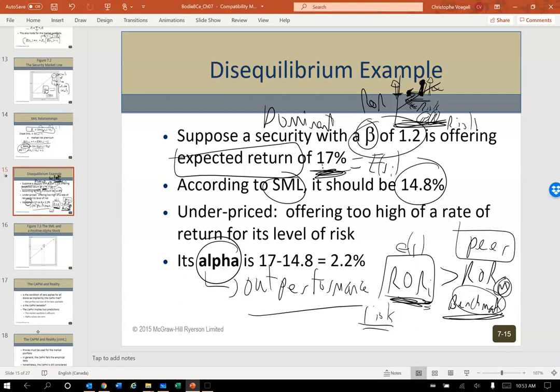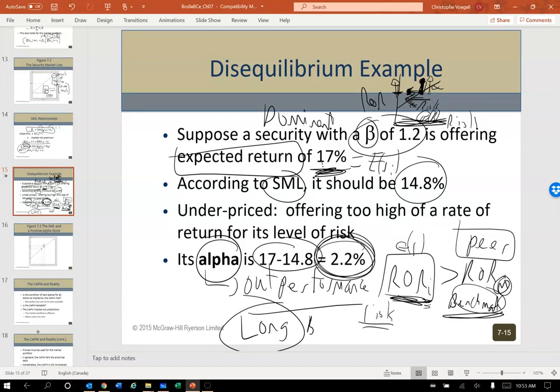So we're excited. We're going to make 17 minus 14.8. We're going to make 2.2% of alpha. So I would absolutely want to go long. I might even want to borrow or leverage or buy a call option. Who knows? It depends on my degree of risk tolerance and my degree of conviction in the mathematics behind this.